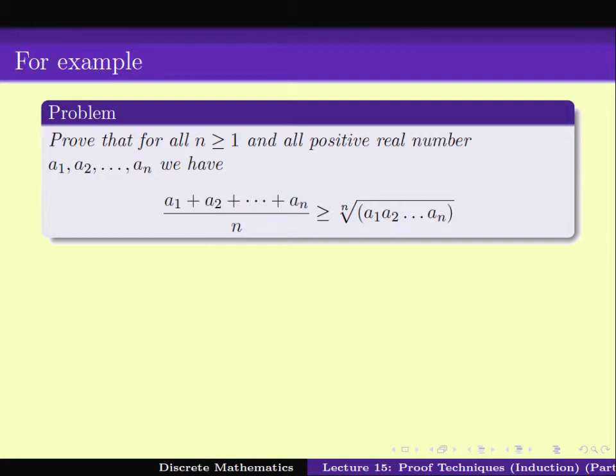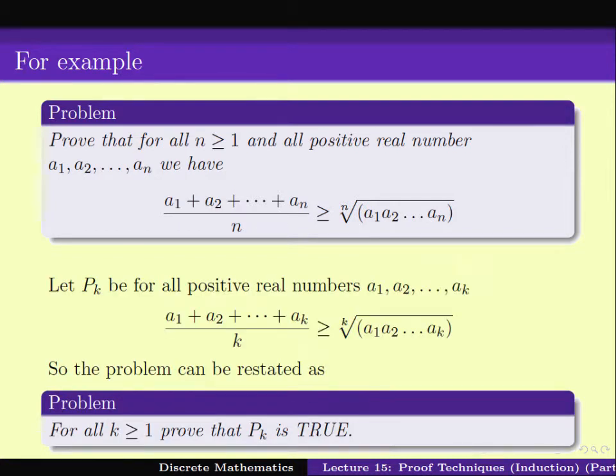And again, here we induct on n, and thus we define Pk as: take any k positive real numbers, then prove that statement for those k real numbers. Then the actual problem says that for all k greater than or equal to 1, prove that Pk is true.